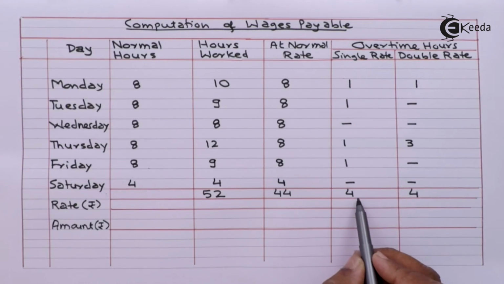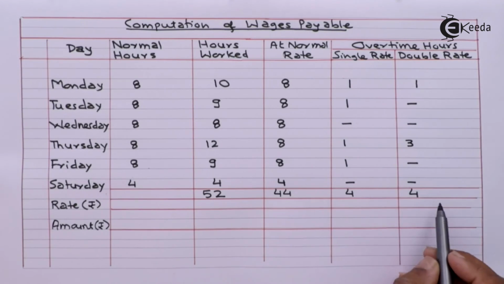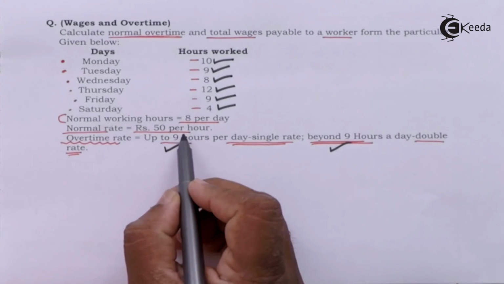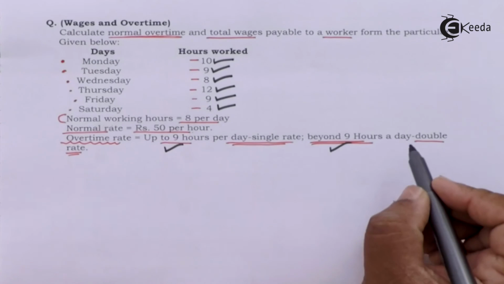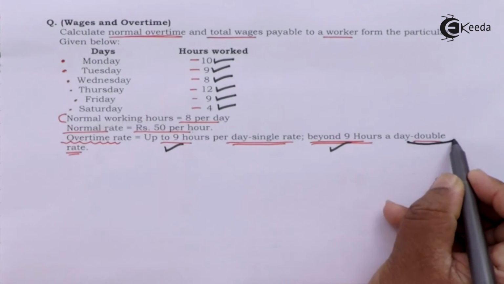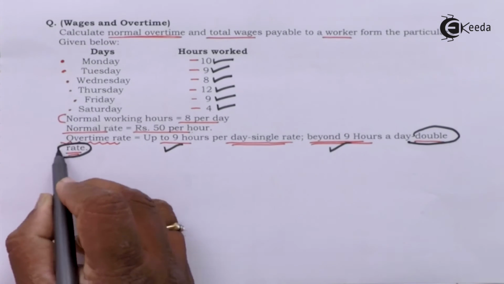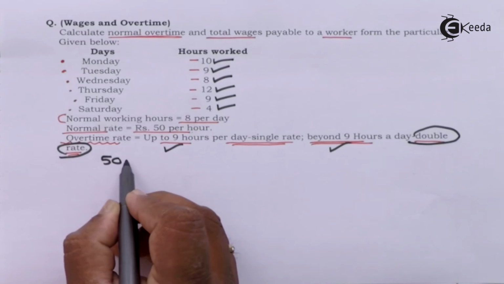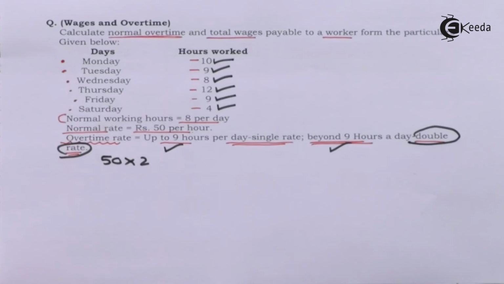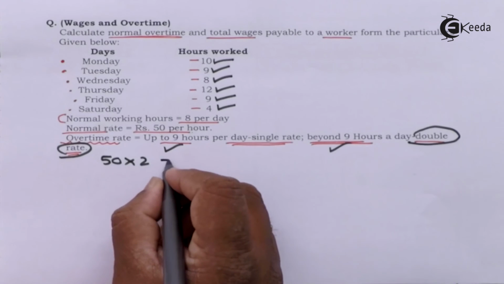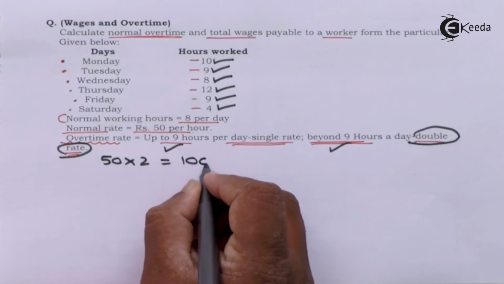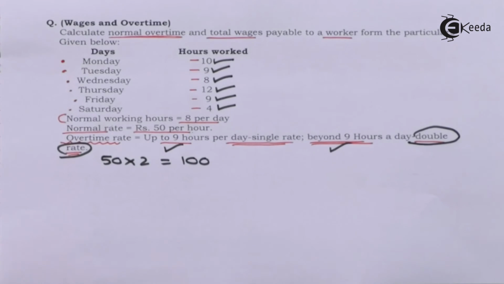Single rate, 4 hours. Double rate, 4 hours. Normal rate is given rupees 50 per hour. Double rate, it will be rupees 50 multiplied by 2. It will be 100 rupees.